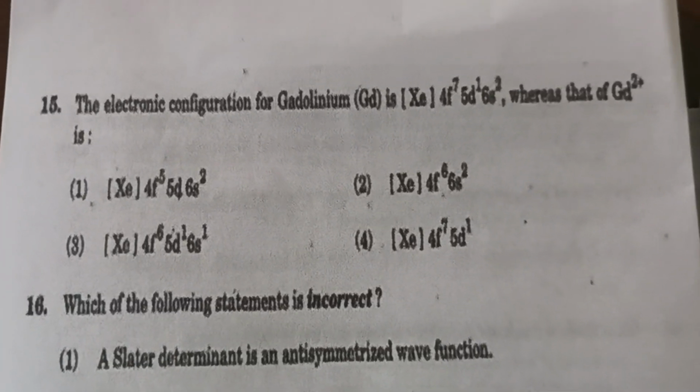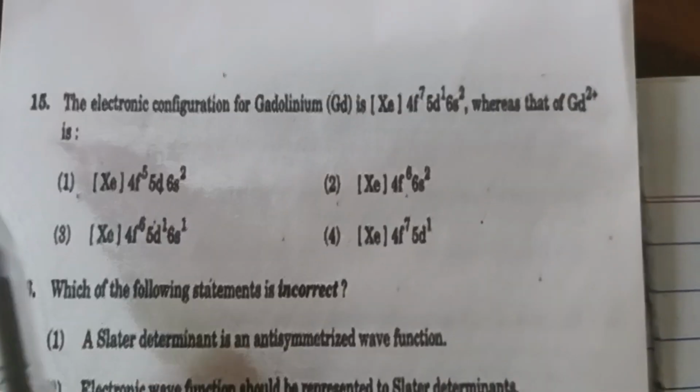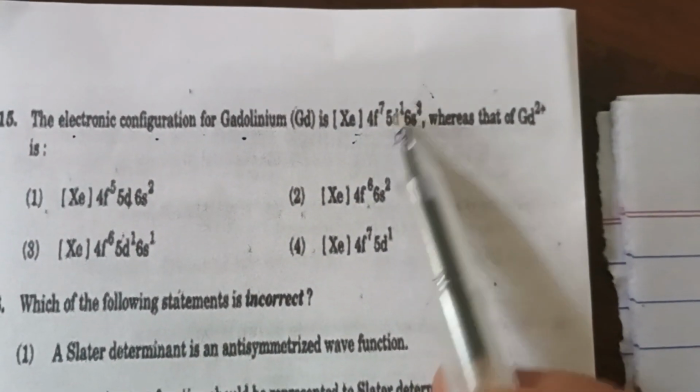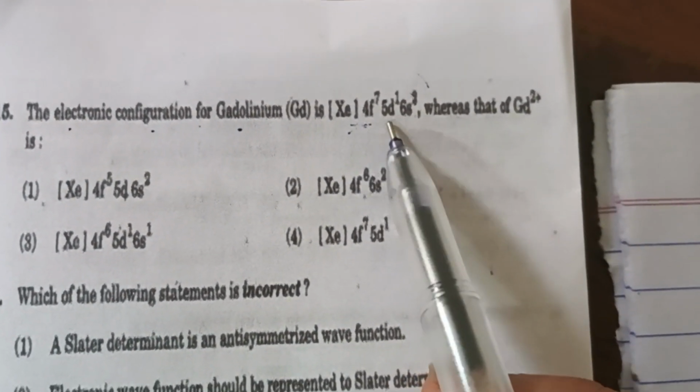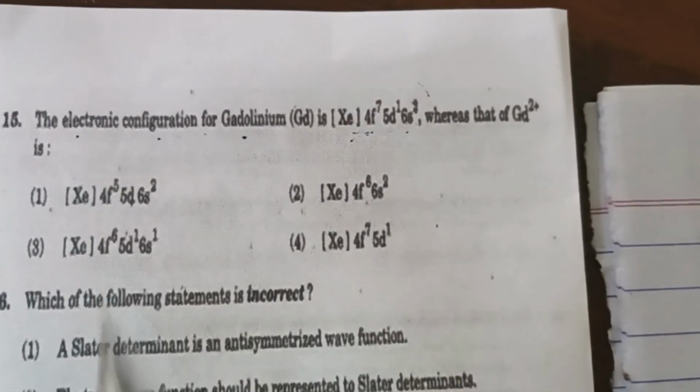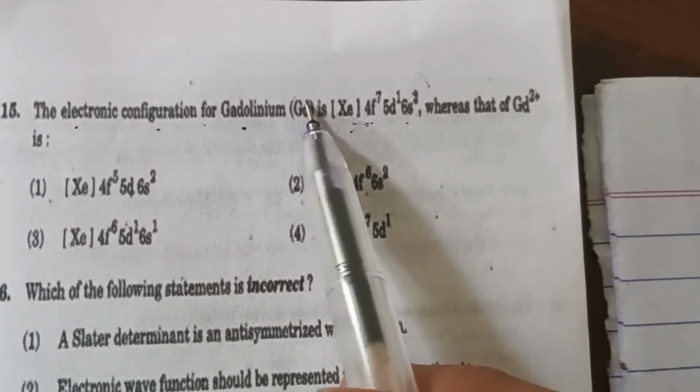Okay, let's discuss question number 15. The question is about the electronic configuration for gadolinium, Gd. The outermost configuration is 4f7 5d1 6s2, whereas for Gd2+, they are asking for the configuration.